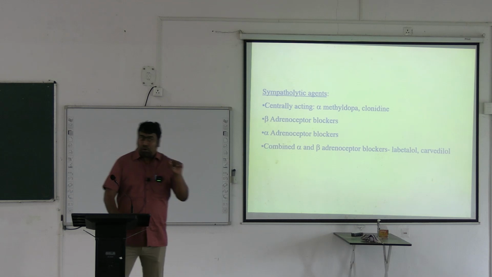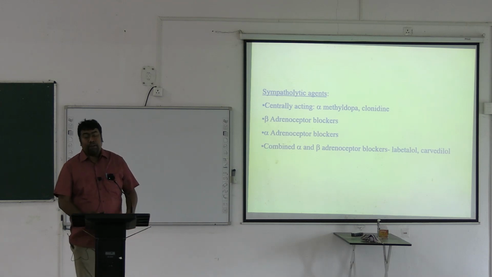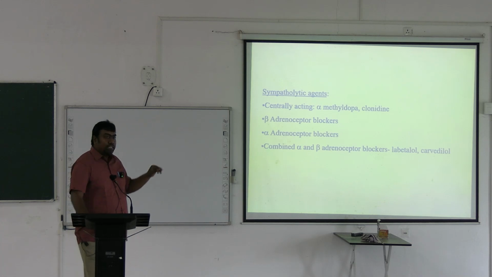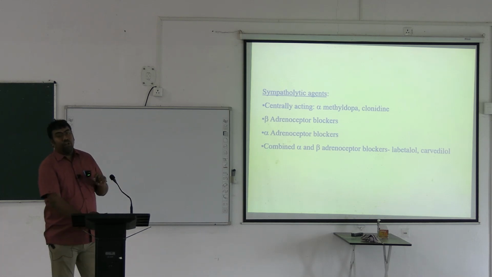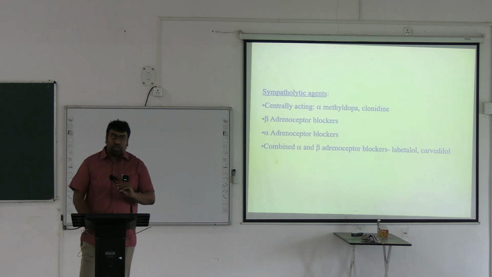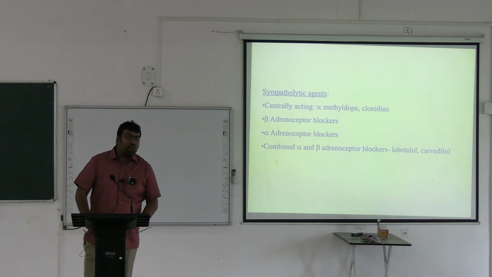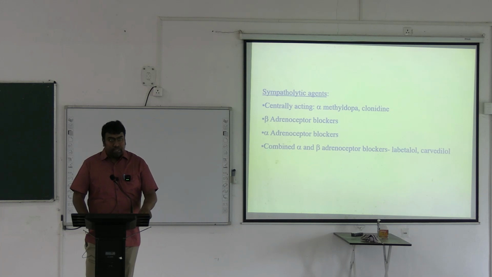You have to remember, not all beta blockers are antihypertensive. Suppose among these they give an option of timolol, or sotalol. Sotalol is an antiarrhythmic drug, not used as an antihypertensive. That is the catch.